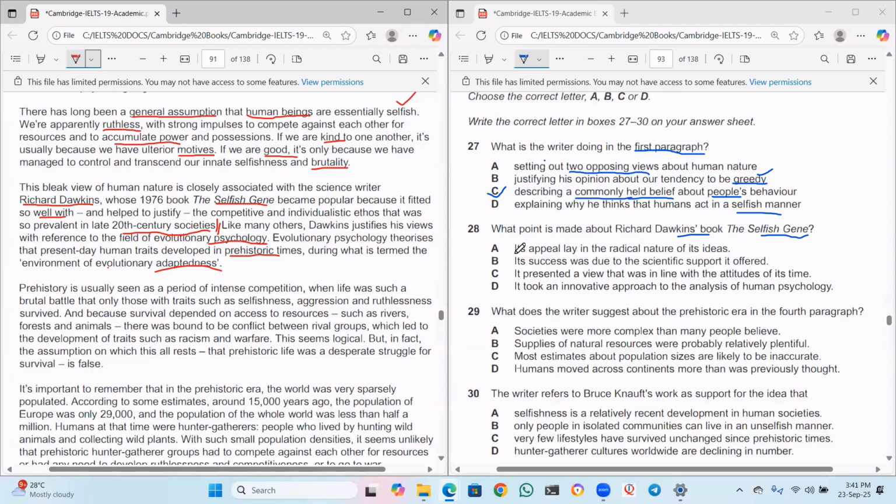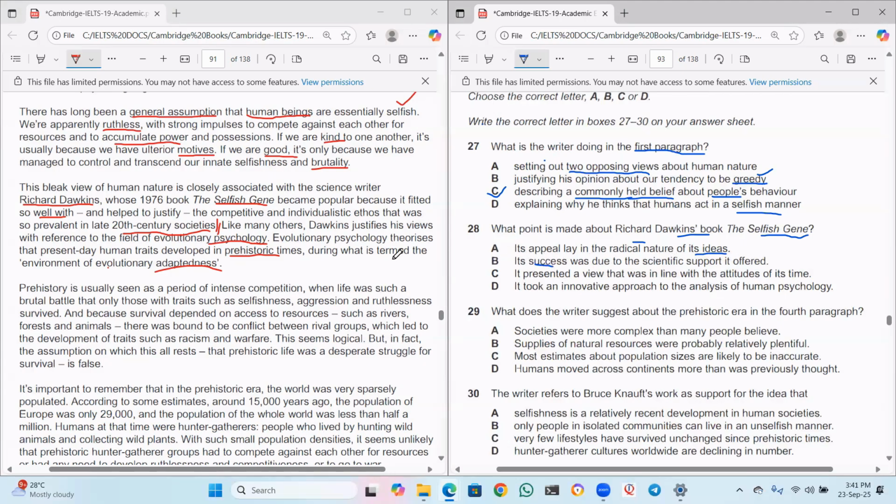Okay, so its appeal lay in the radical nature of its ideas. He says radical nature and appeal. Did he talk about this radical thinking anywhere in the paragraph? I don't think so. Then its success was due to the scientific support it offered.